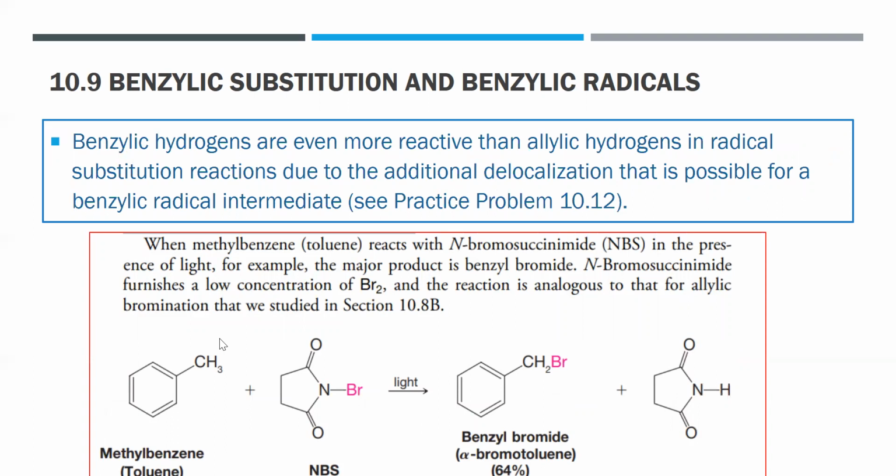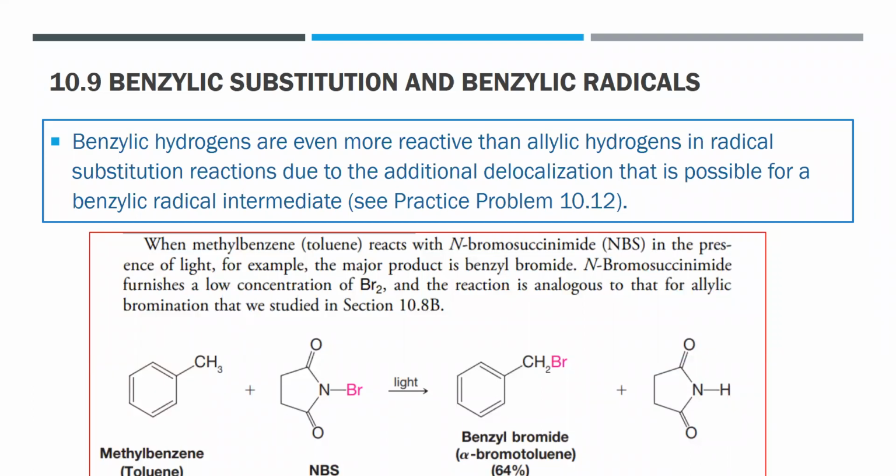So if we compare allylic hydrogens and benzylic hydrogens, benzylic hydrogens are actually much more reactive than allylic hydrogens when we do radical substitution reactions. Why is that? The reason is due to the additional delocalization that is possible by the resonance-stabilized intermediate.